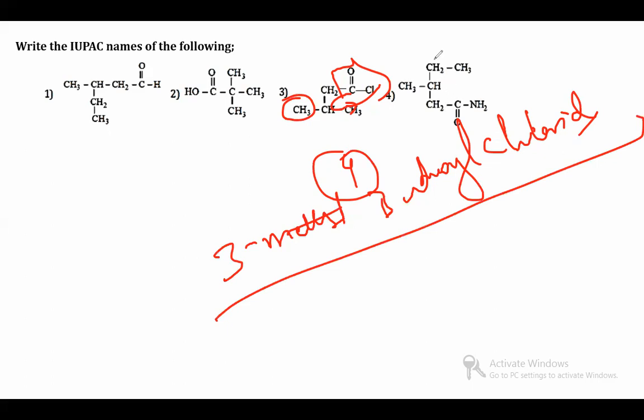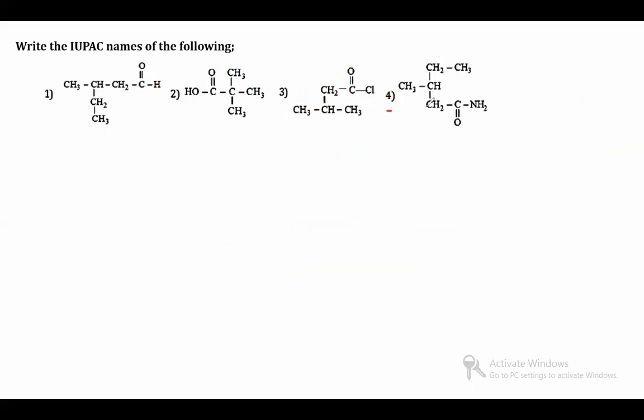The fourth one here. So CH3, CH3, CH3. This will be CONH2, right? CONH2 is amide as it is. The longest carbon chain you need to consider is 1, 2, 3, 4, 5. So the third carbon consists of a methyl group.